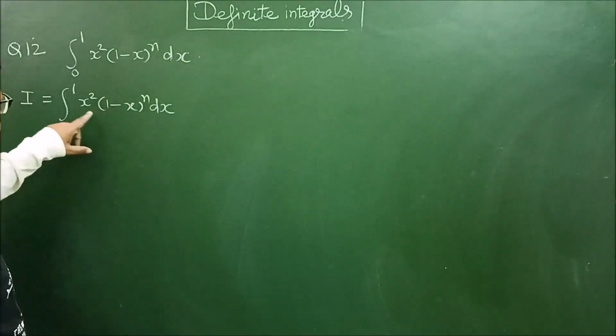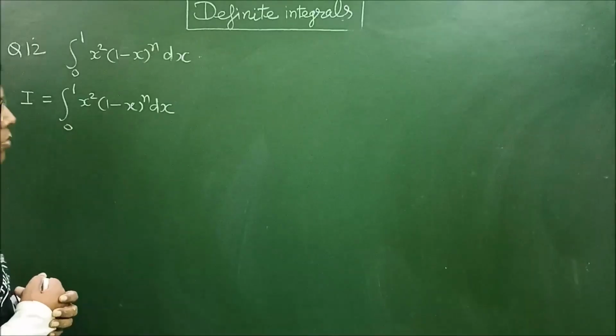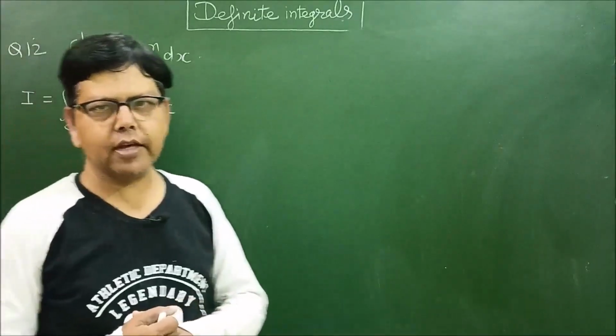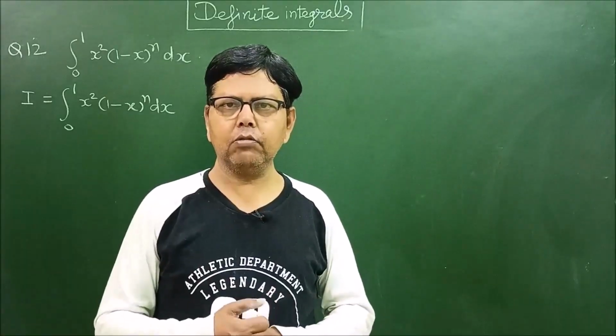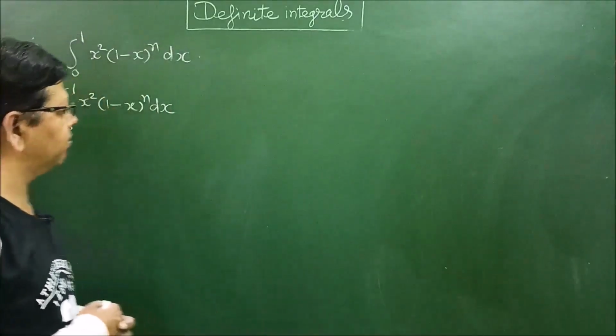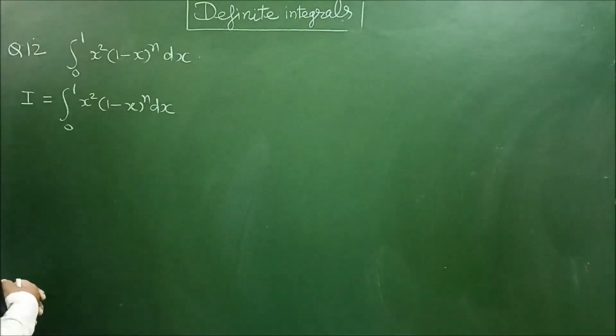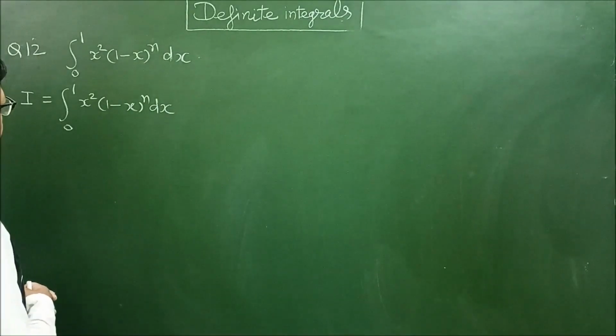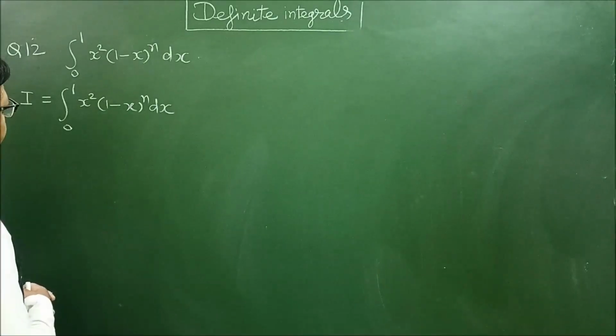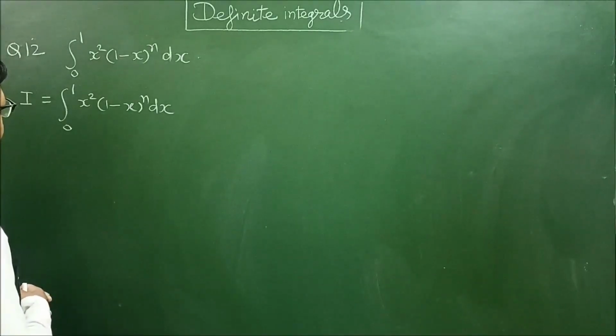If we cannot integrate it easily, we will have to expand 1 minus x raised to the power n, then find the integral, and this will be a complicated process. But if we use the property of definite integral, integral 0 to a f(x) equals integral 0 to a f(a minus x), then this integral can be converted into a very simple form.